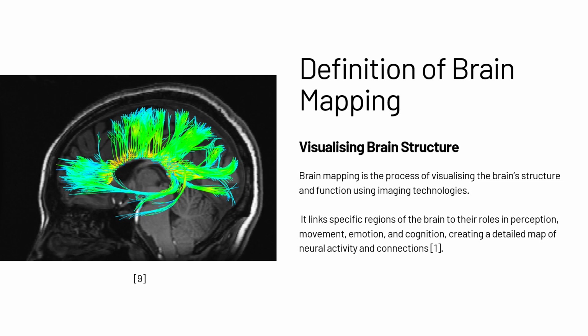In simple terms, brain mapping is how scientists identify where each function occurs in the brain and how those regions communicate. Much like Google Earth, we can zoom in from the entire brain to individual neural circuits.